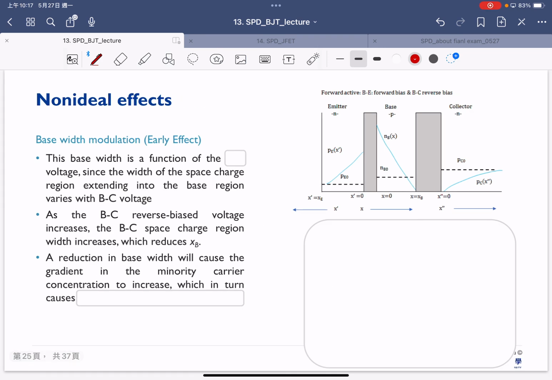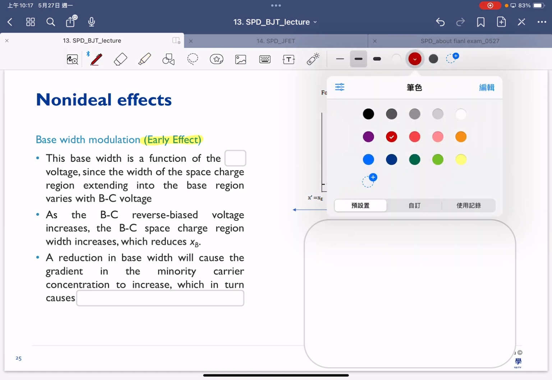Okay, so now we move to some non-ideal effects that also have to be considered in the BJT. The first one is base width modulation, and sometimes we call this the Early effect. To be honest, this effect is very similar to the channel length modulation in the MOSFET.